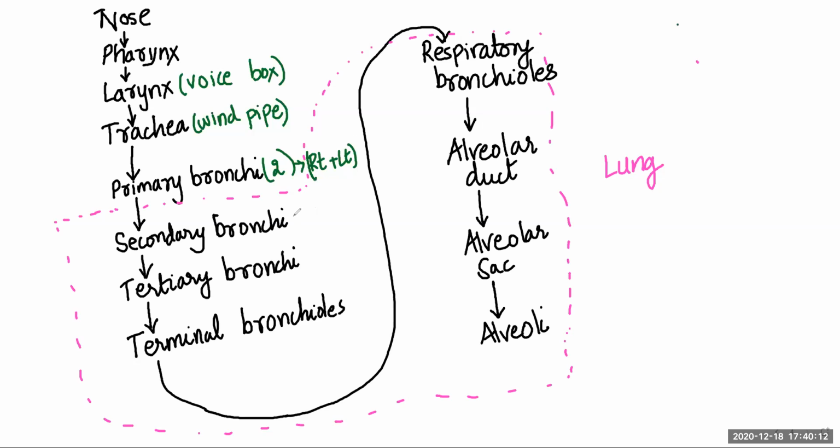Now once primary bronchi goes into the right and left lung, there are 5 secondary bronchi. मतलब the right primary bronchus will divide into 3 secondary bronchi, while the left one will divide into 2 secondary bronchi only.